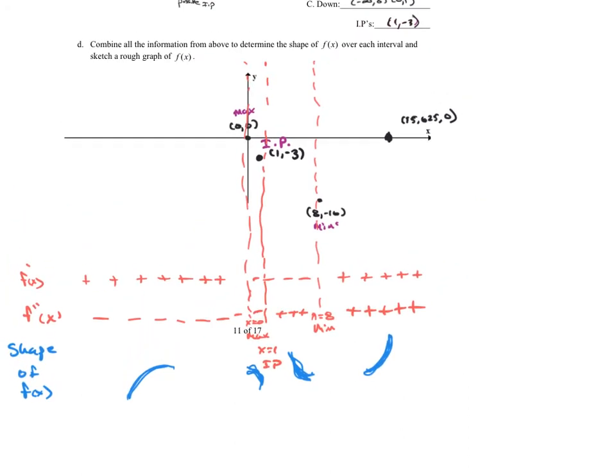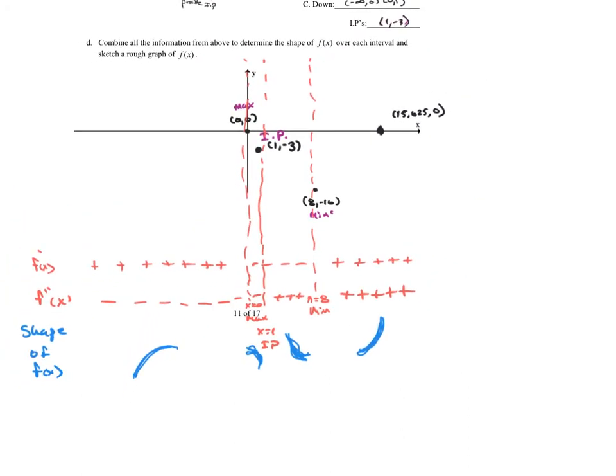So what do I do? I play connect the dots, making the shape of the graph what it needs to be, and go through the points. So to the left of 0, 0, I have to make it the left half of a smiley touching the point 0, 0. Between 0, 0 and 1, negative 3, the inflection point, I have to make it the right half of a smiley.